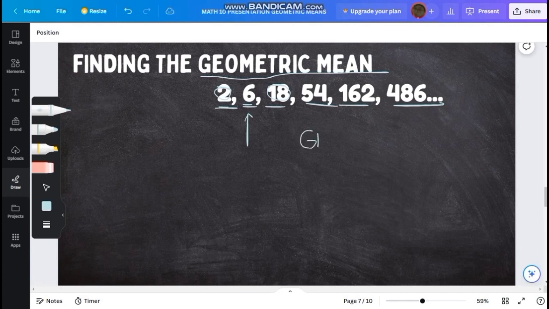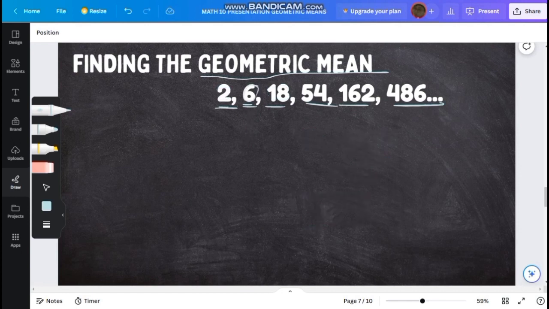If you can remember, the formula is geometric mean equals square root of the product of A and B. Let's have our A as 2 and our B as 18. So simply multiply the two numbers. 2 times 18 is 36. And now let's get the square root of 36, which is, that's right, it's 6. So the geometric mean of 2 and 18 is 6.